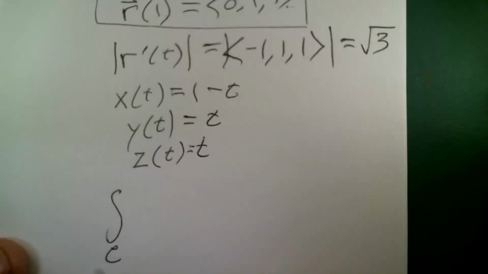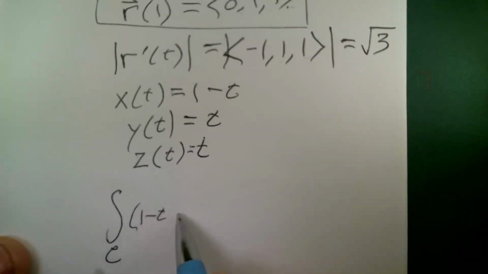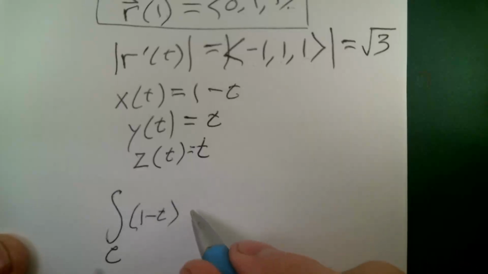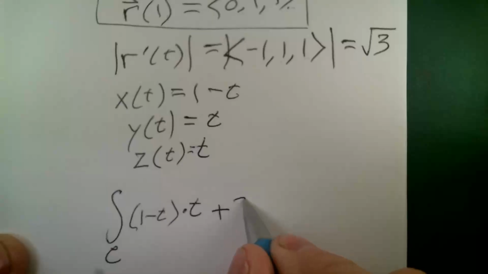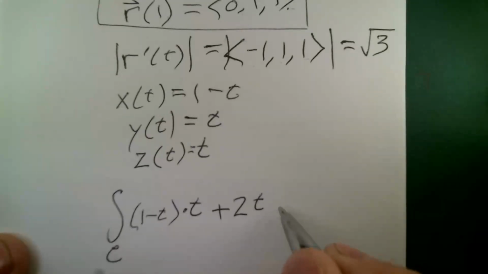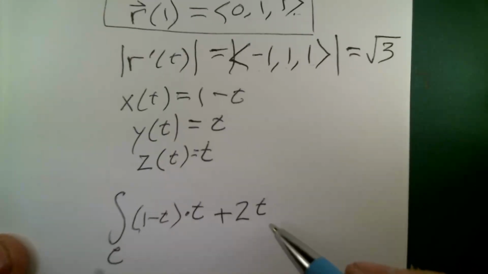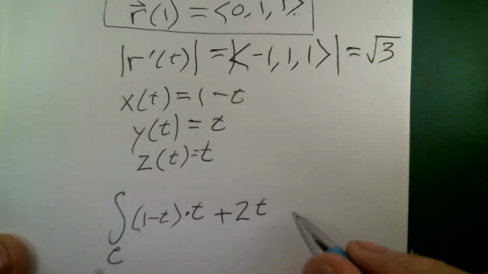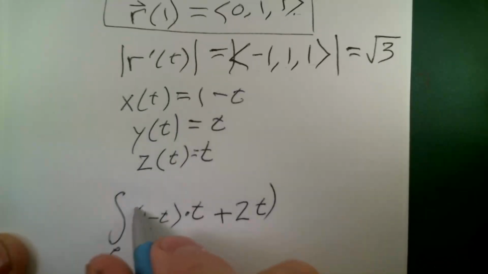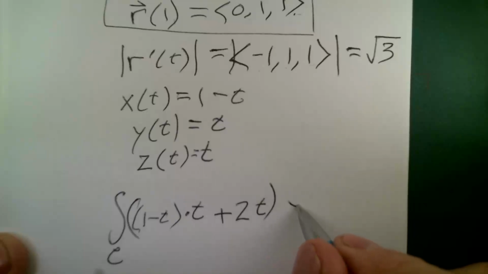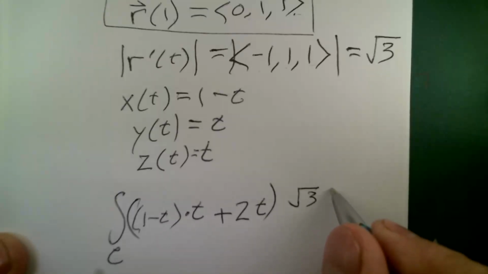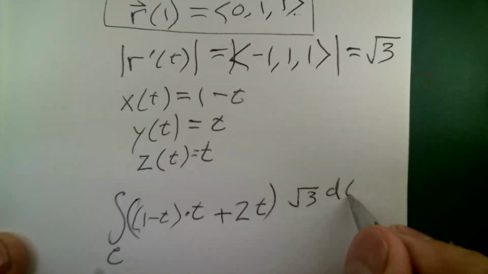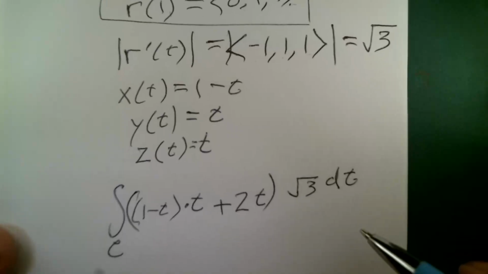The x-coordinate is 1 minus t, if we're on the curve C. The y-coordinate is t. And the z-coordinate is also t. And we are going to need to integrate that with respect to arc length, but that happens to be root 3 times dt.